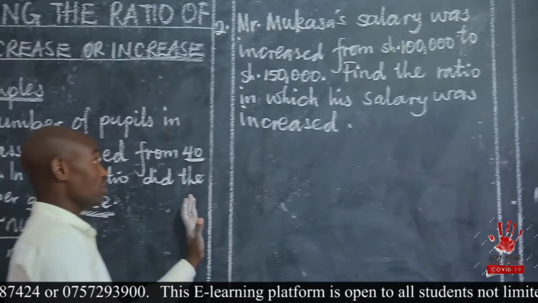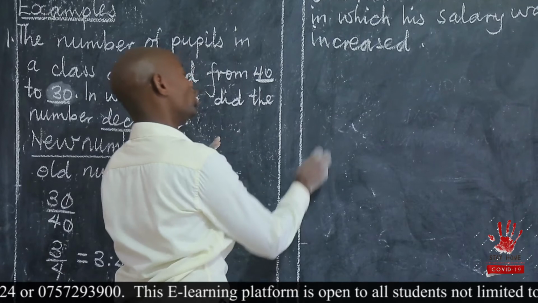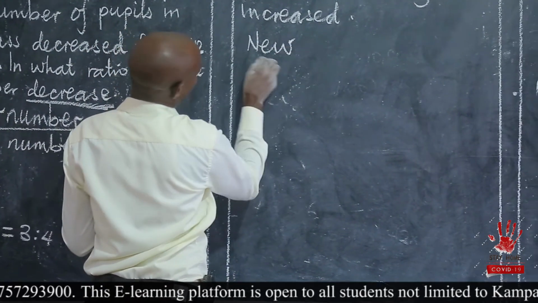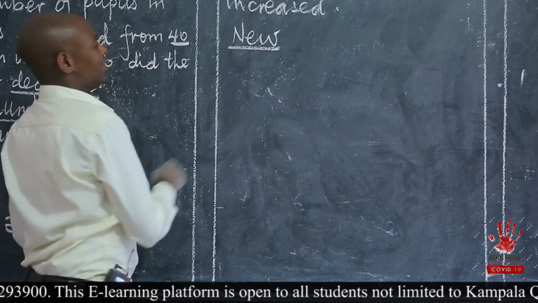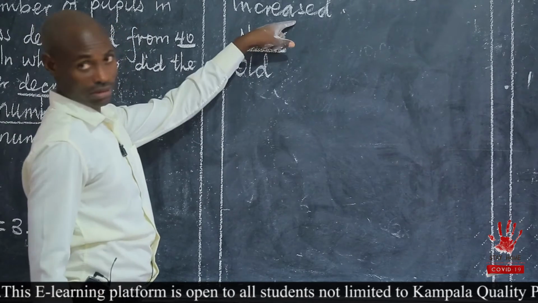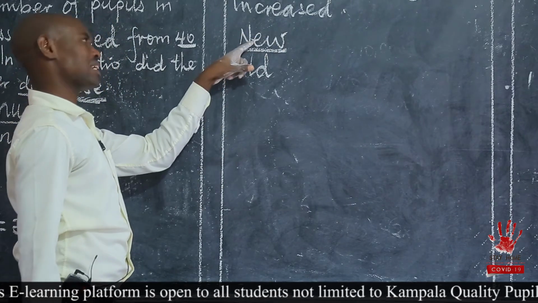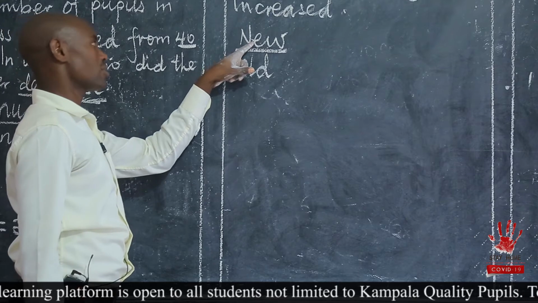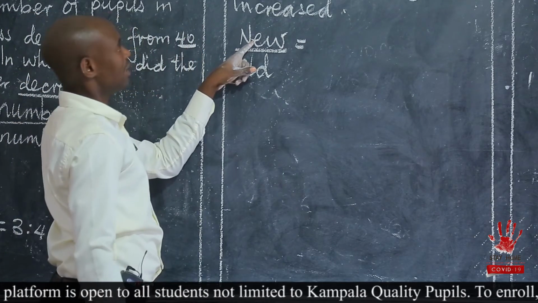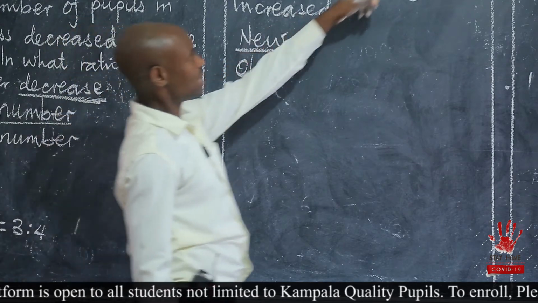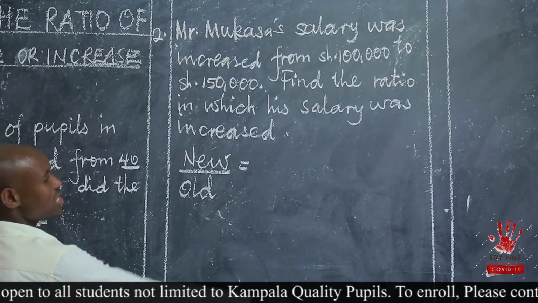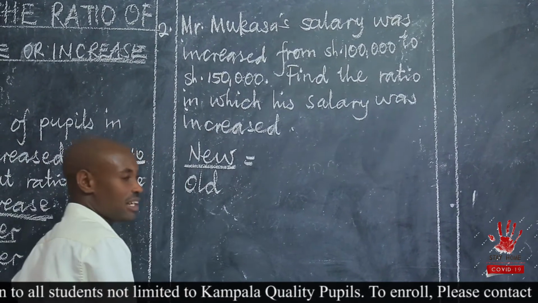So I have told you that what you need to know is the new number, the new salary in this case. Then you divide it by the old salary. We are talking about increase. So what was his new salary after increase? We have seen that he was originally getting 100,000 shillings. And they have now increased it to 150,000 shillings.